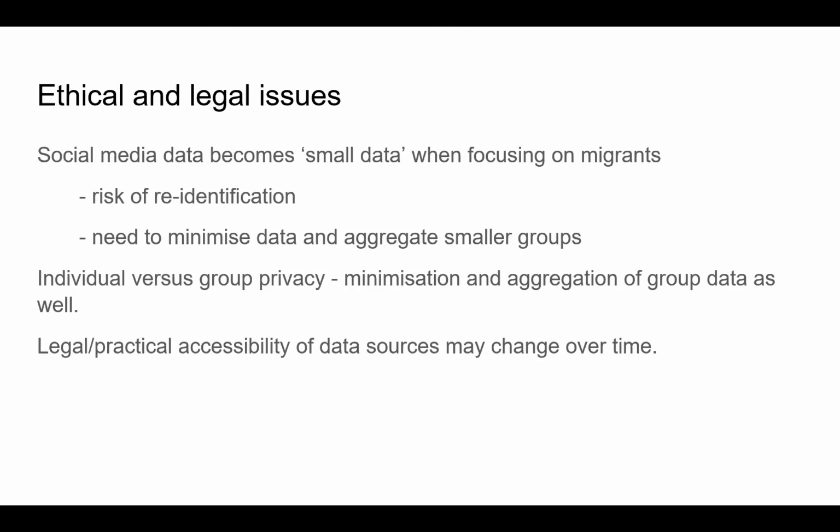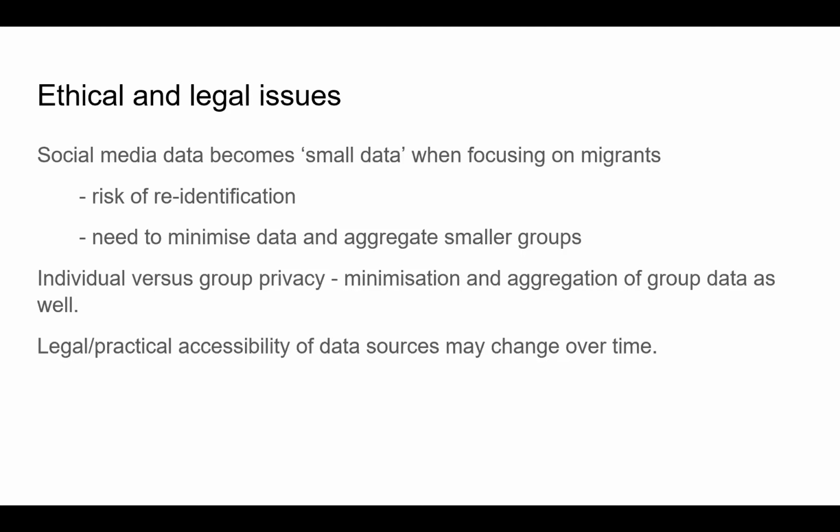So then there is additional risk associated with working with small data. You have to make sure that there is no risk of re-identification, and you need to minimize data and aggregate to smaller group. One thing that we frequently use in this project is to process the data with, let's say, at least a 6-month time gap so that these people are not endangered. But in an actual situation, we're promising real-time or near real-time benefits, then you have to take extra precautions.